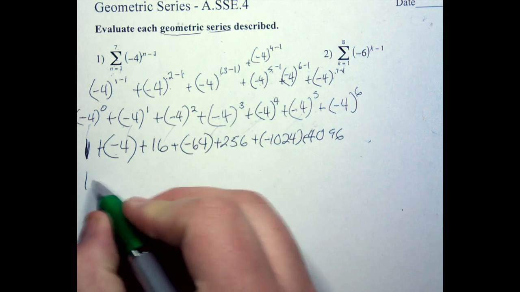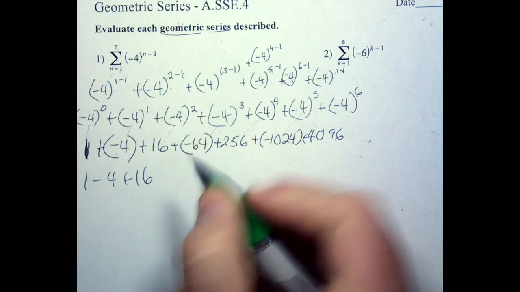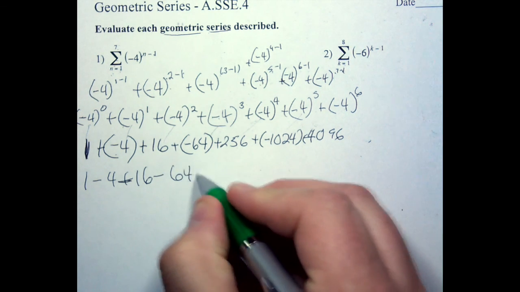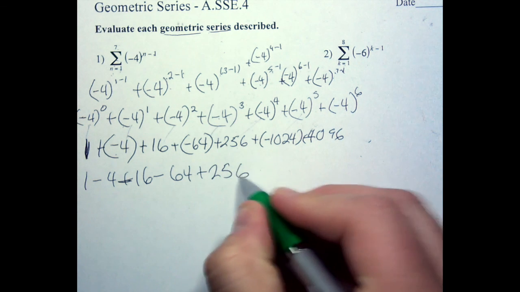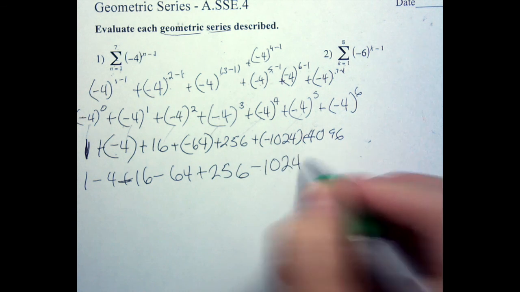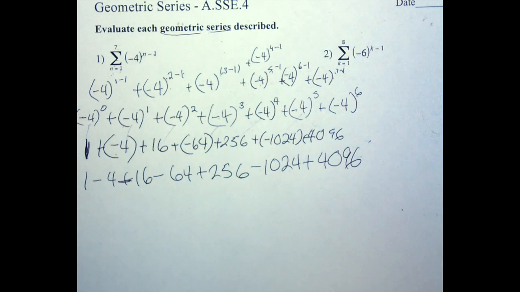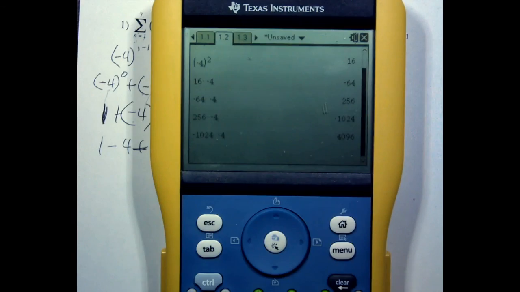So I could just say 1 minus 4 plus 16 minus 64 plus 256 minus 1024 plus 4096.